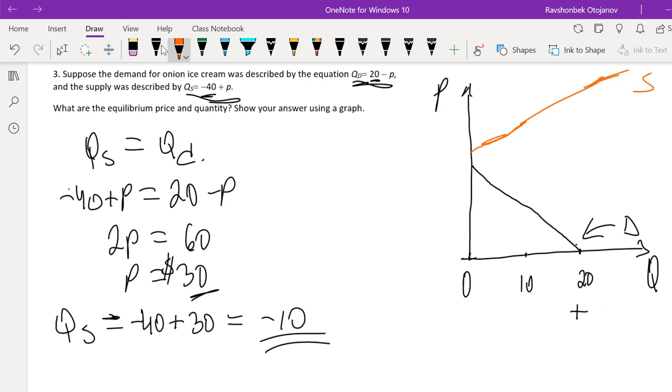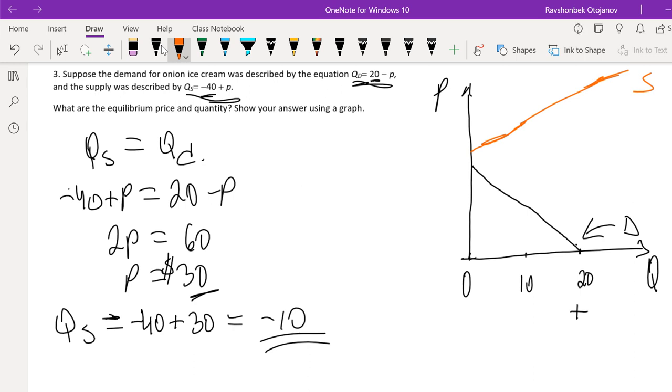Now as you can see, because the demand and supply lines do not cross at a positive quantity, there is no equilibrium in this market. That is the meaningful result for this solution. From an analytical perspective, in the context of this situation, there is no equilibrium price, or sorry, there is no equilibrium quantity.